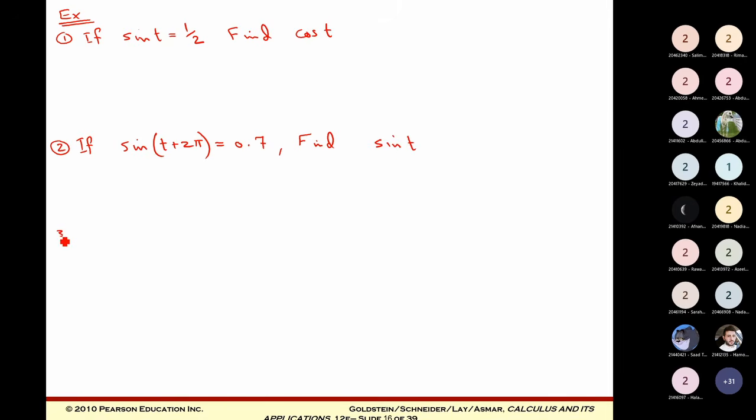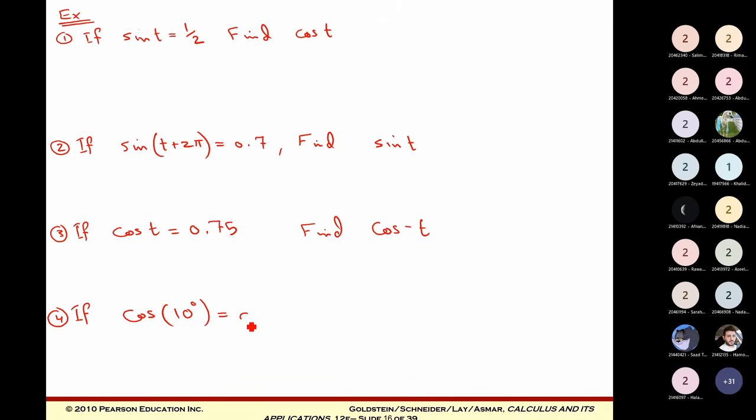Number 3: if cosine of t equals 0.75, we need to find the cosine of negative t. Number 4: if cosine of 10 degrees equals 0.8, we need to find the value of sine 80 degrees.